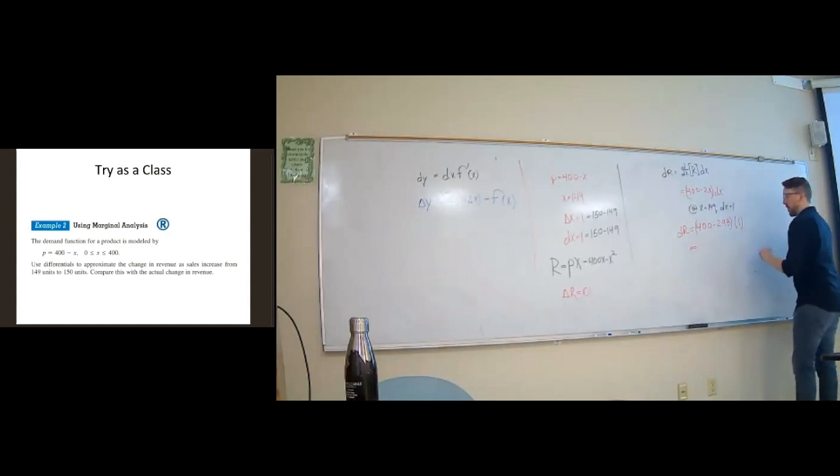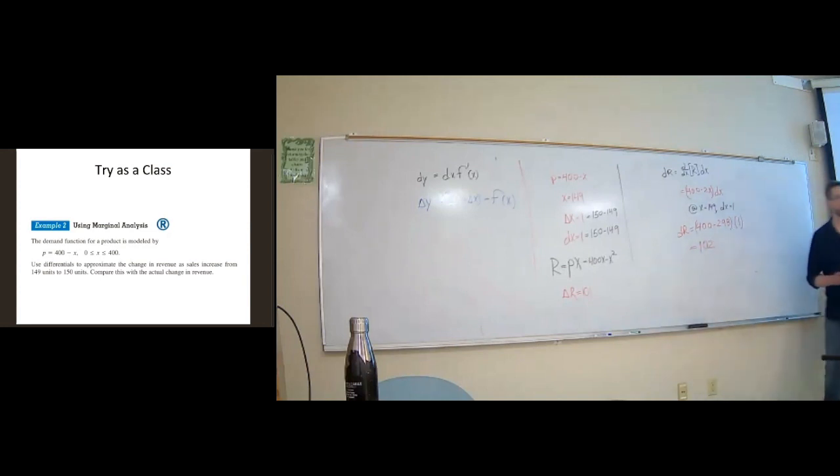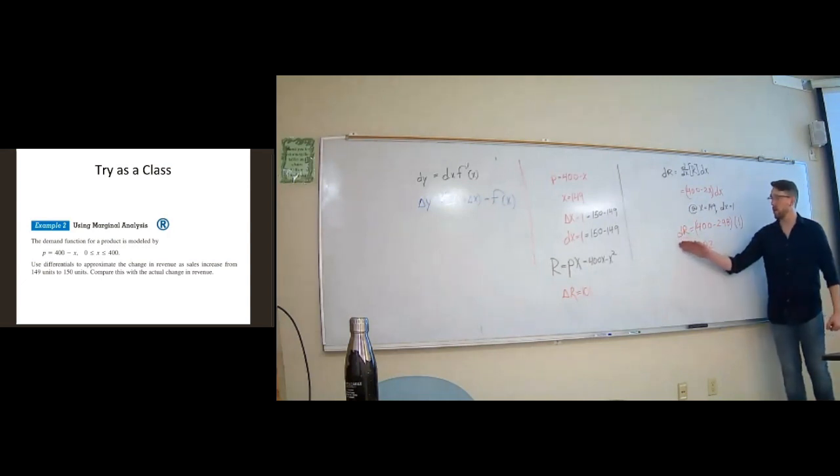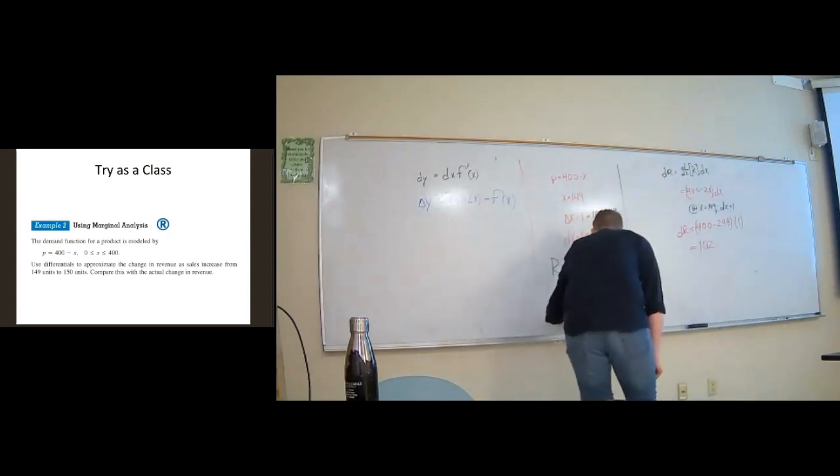That's going to come out to be what, 102? So what we're saying here is that if we were to model right around 149 with our tangent line, after the first new unit sold, our tangent line is going to be accurate up to $1 in revenue. dr is equal to 102.